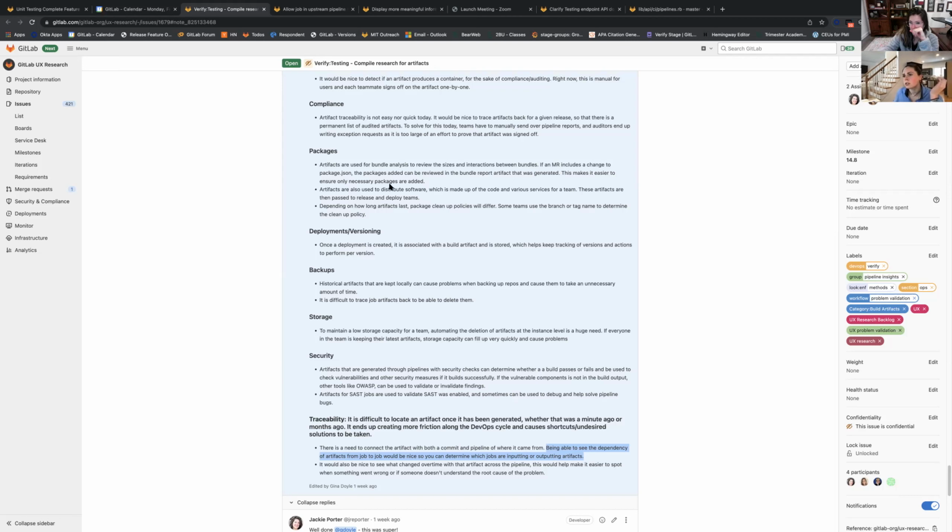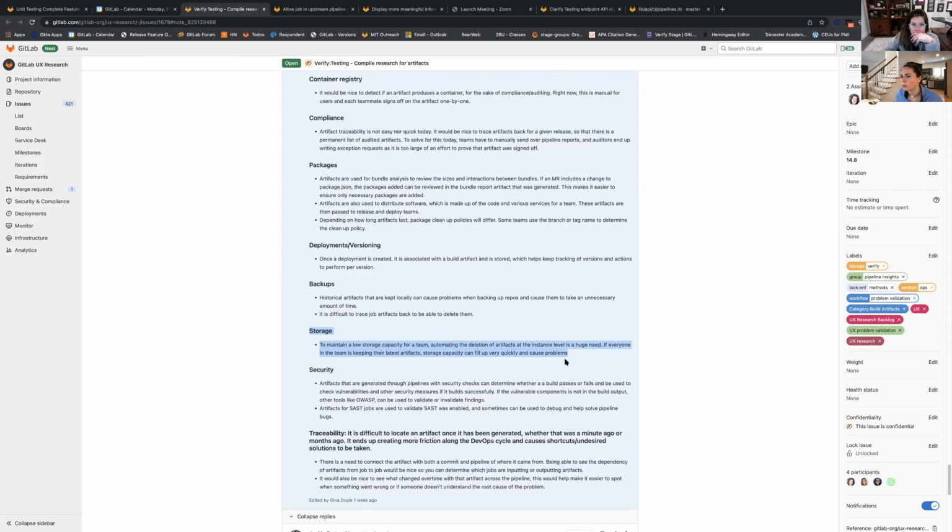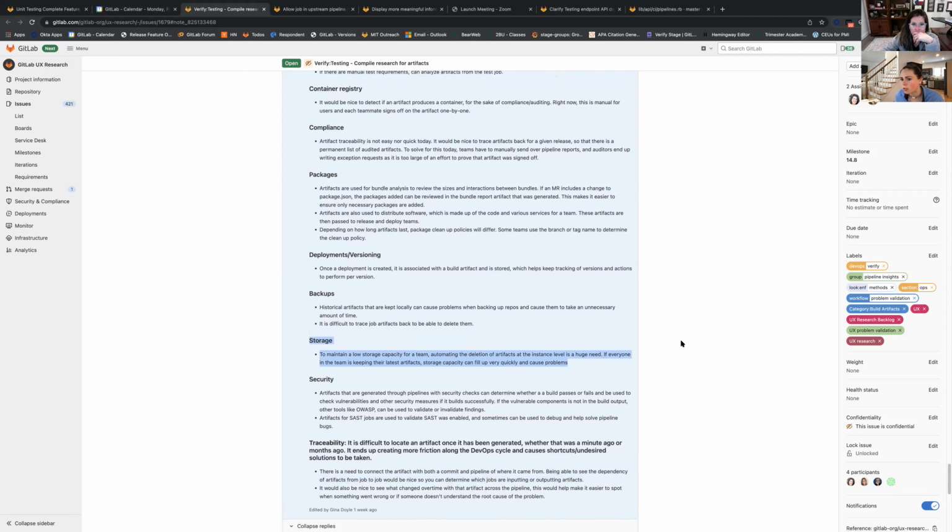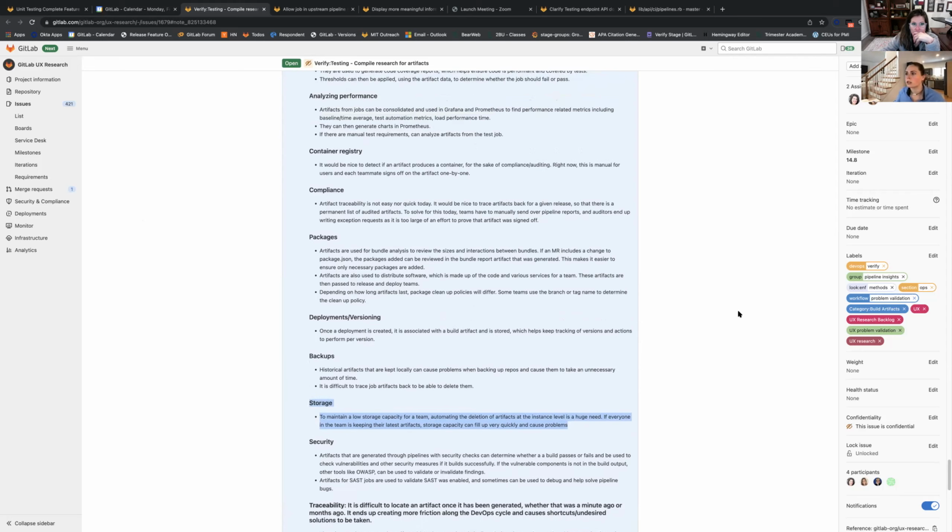Because this actually came up a little bit. Sorry, I'm going a little off topic because I just remembered we talked about storage and how artifacts impact storage. That was a small portion of what I saw come out of the research, but there was things about being able to maintain a low storage capacity, like automating deletion of artifacts, which I thought we already allowed, but maybe we only allow it at a certain level because they specifically were asking for applying rules at the instance level.